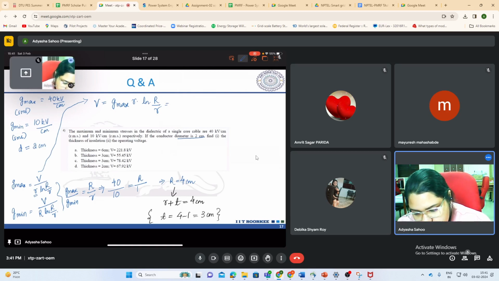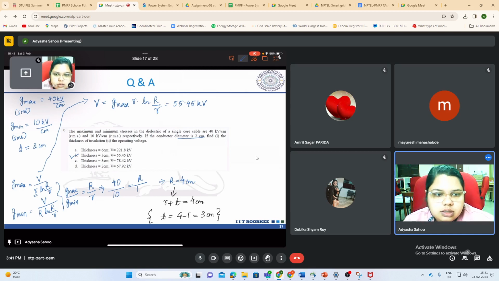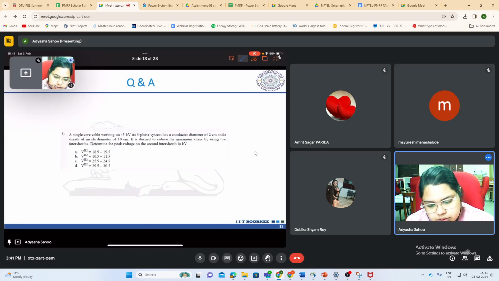If you substitute all this, you get 55.45 kV. So the option is option B. Is this clear? Okay, next question.